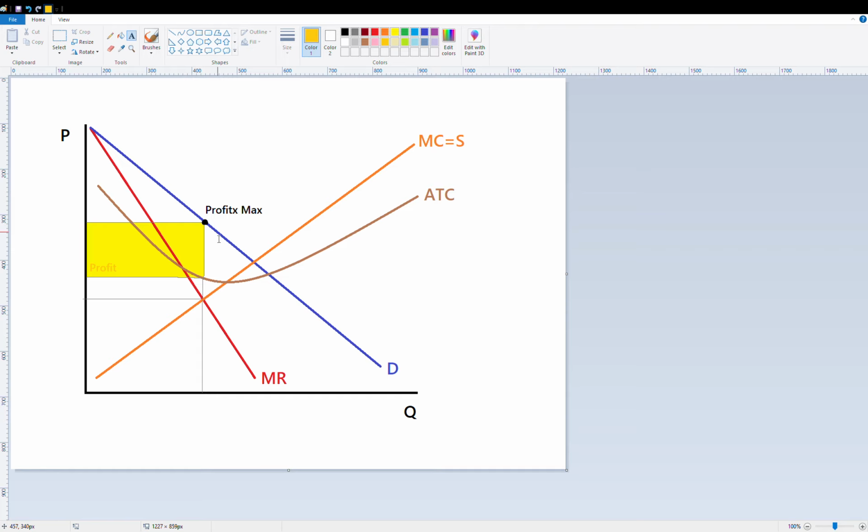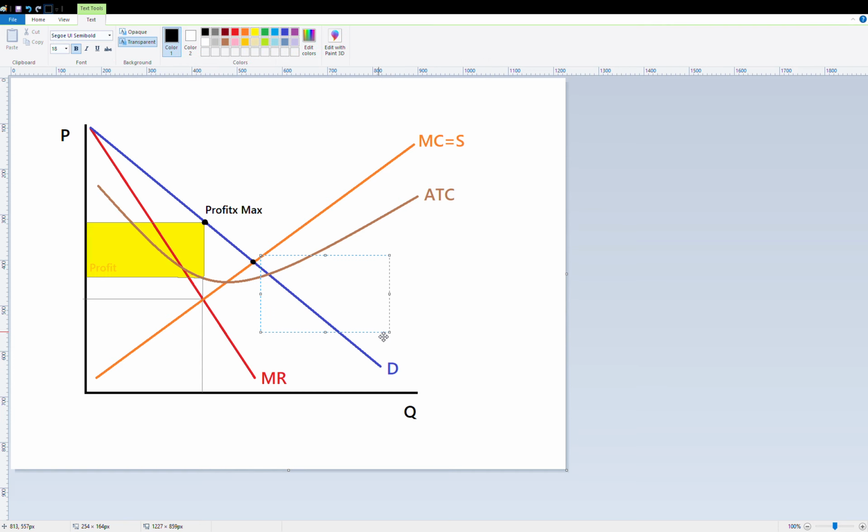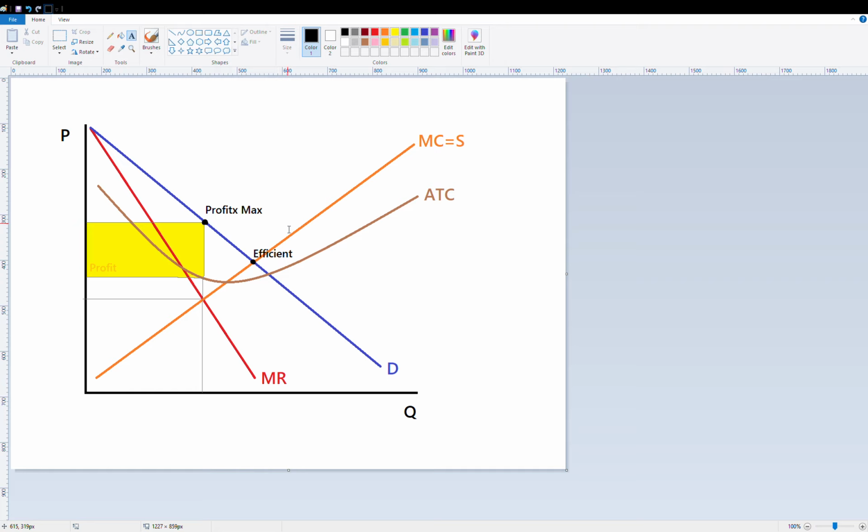Now there are two points: a profit maximization point, and the efficient point, because you regard the MC as the supply and the demand. Supply and demand, that's the equilibrium, the most efficient point right here. Then, just like with taxes, there's a deadweight loss. I'm just going to mark the deadweight loss like this.